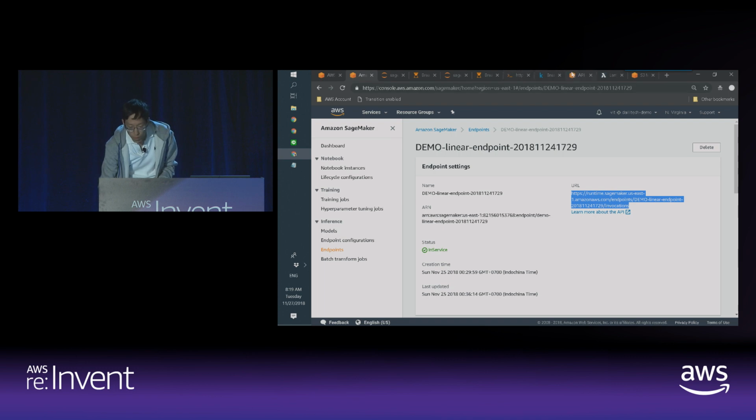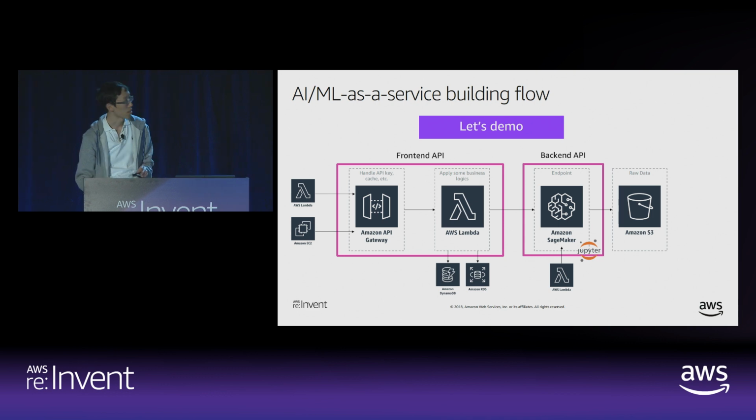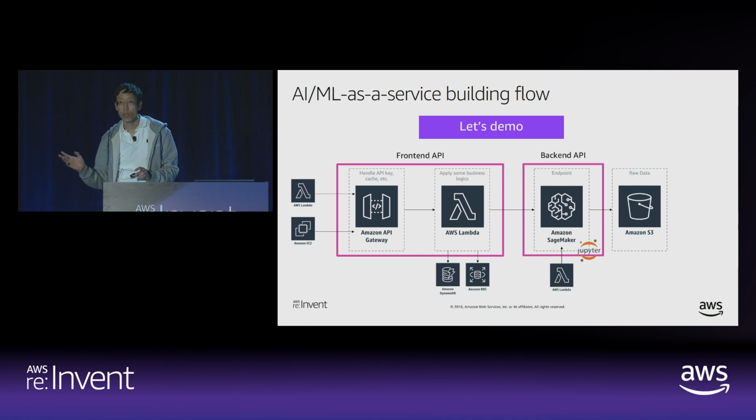So from my concept of as a service, I'm going to use the API gateway and also Lambda to call SageMaker, not publish the SageMaker API directly to other developers. Just publish the API gateway, right?